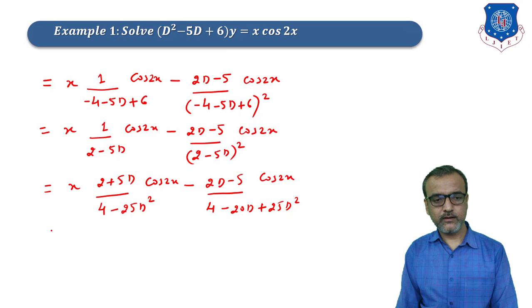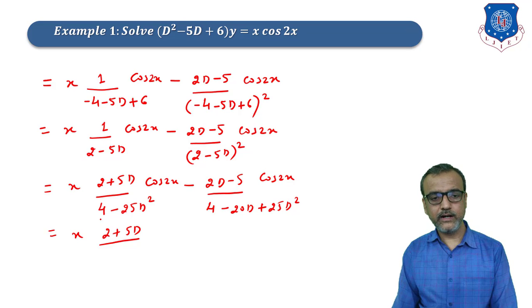Now this is equals to x, 2 plus 5d in the numerator. Now again applying case number 2, replacing d square by minus a square. Here the value of a is 2, so replacing d square by minus 4. If we will replace d square by minus 4, then minus 25 into minus 4, that is plus 100. 100 plus 4, that is 104, cosine of 2x.